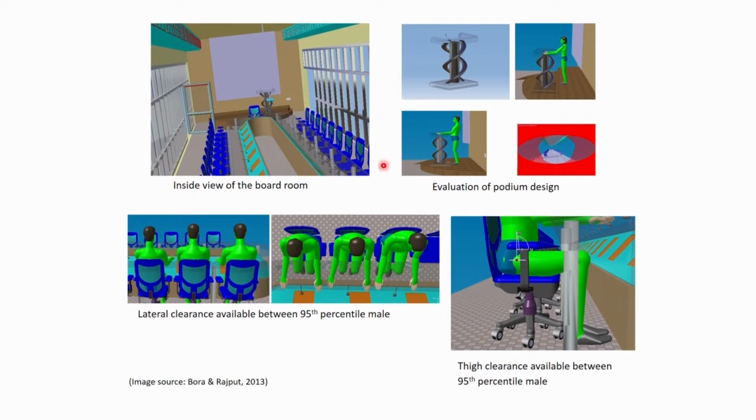So instead of bending the neck to look at the main display board, they can see the same information on the displays kept below the table surface. And from this image it is also visible that there is sufficient thigh clearance.